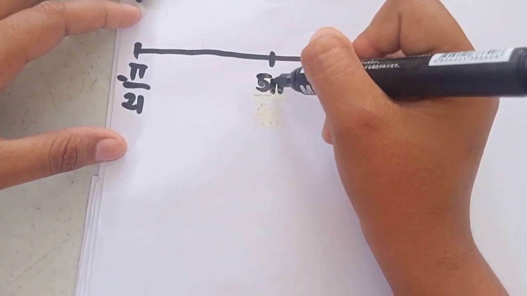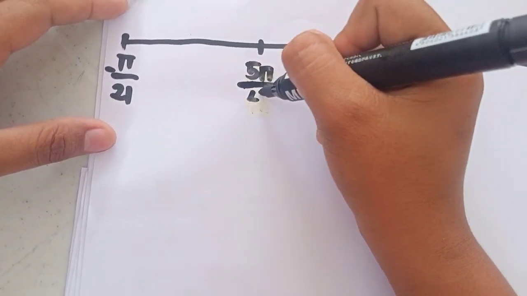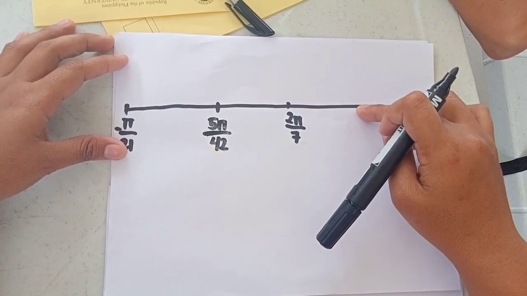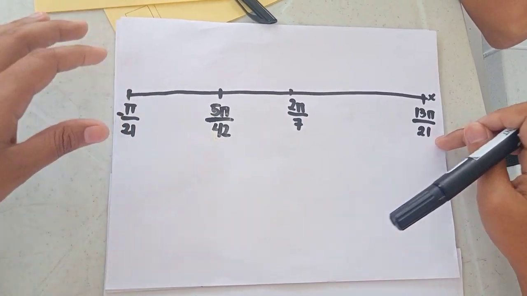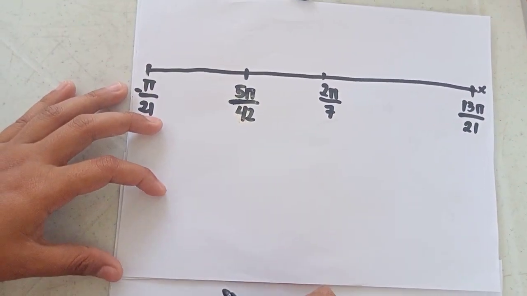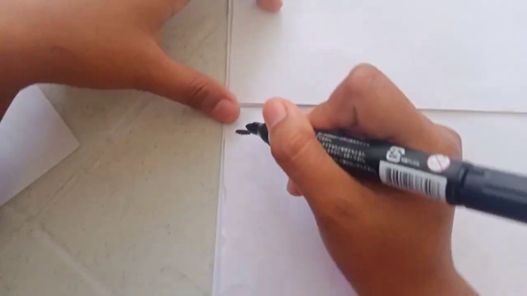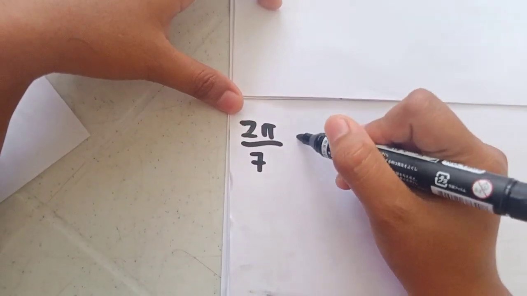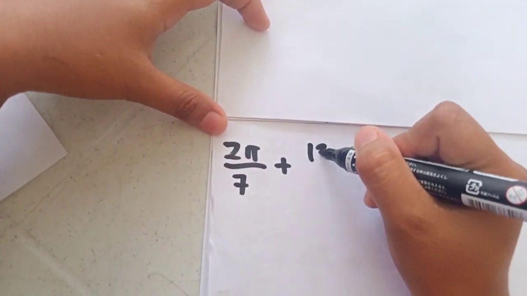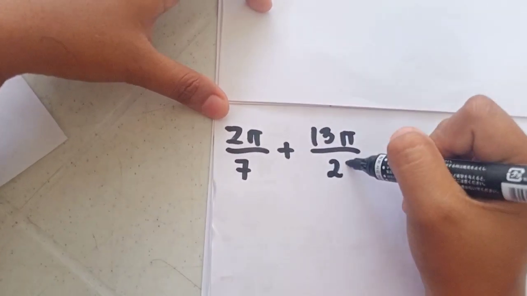5 pi over 42. To get the point here, we need to add the midpoint and the endpoint and divide by 2, the same process that we did earlier. So our midpoint is 2 pi over 7 plus the endpoint, which is 13 pi over 21.